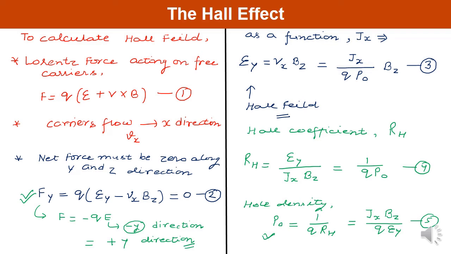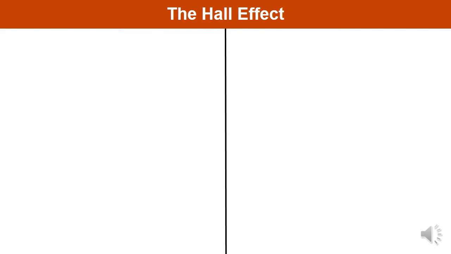This hole density can also be further extended. The numerator term was Jx into Bz, which is Ix upon W into t, into Bz upon Q, and the Ey term can be written as Vh upon W. W is the width being considered over here.